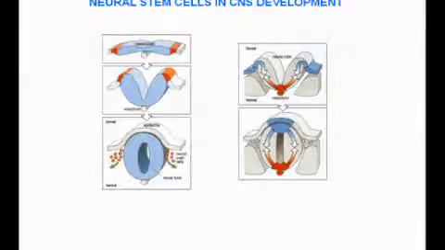We know since a long time ago that most of these movements and proliferations are controlled by signals that come from the dorsal plate and from the ventral areas.